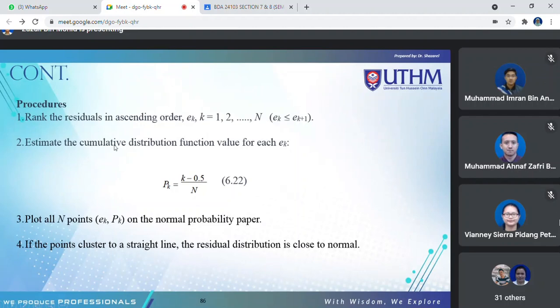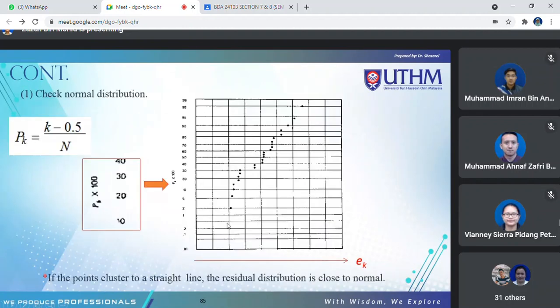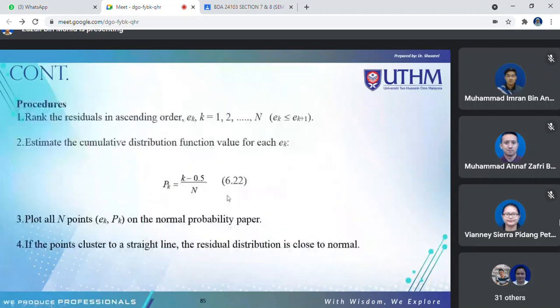Estimate the cumulative distribution function value for ek, and then we calculate it. Plot on normal probability paper. If the points cluster to a straight line, the residual distribution is close to normal. So if we get a straight line, we can say that the residual distribution is close to normal.